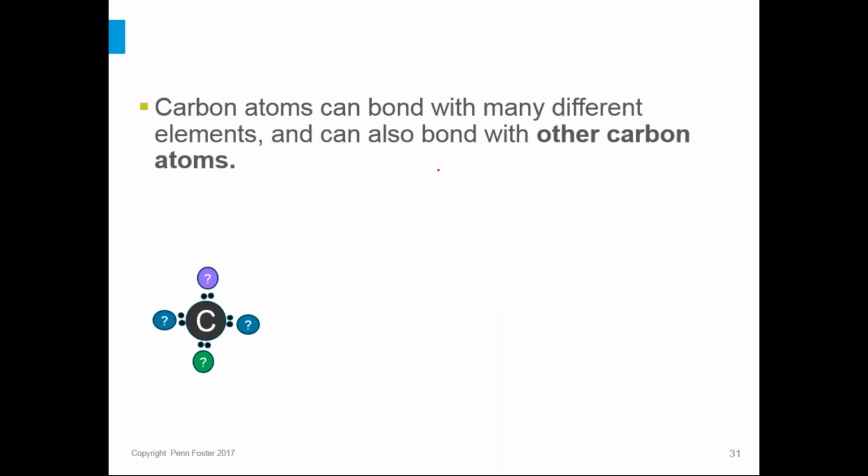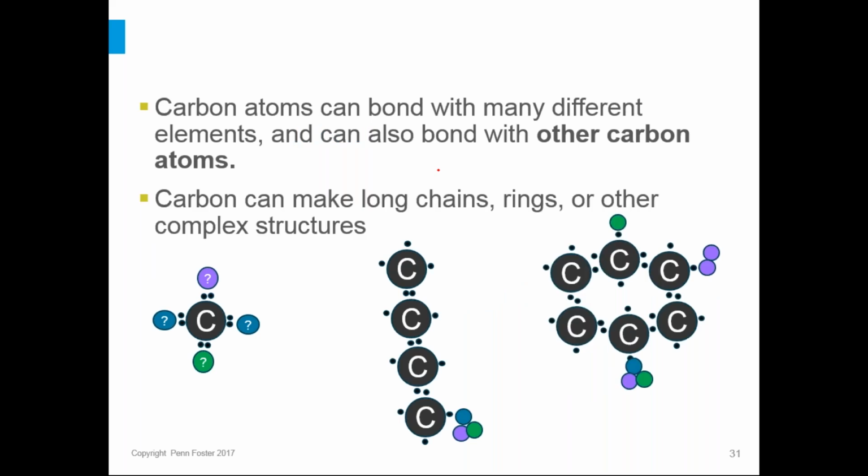The second reason they're important is they can bond not only with many different elements, they can also bond with other carbon atoms. So carbon can make long chains, or rings, or other complex structures. And then they have active groups of other molecules that attach to the carbon skeleton so that it can function.